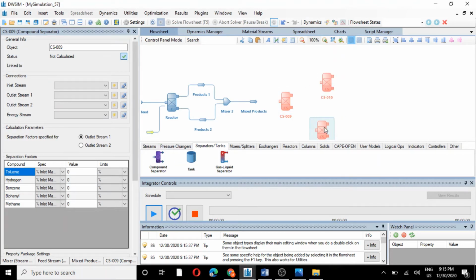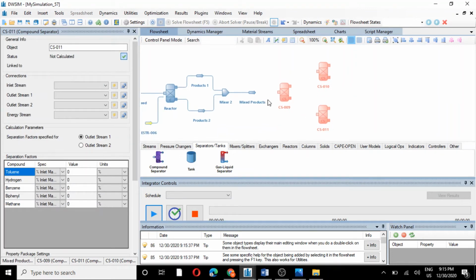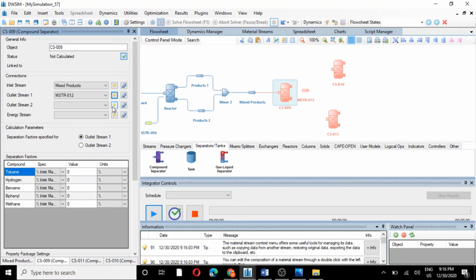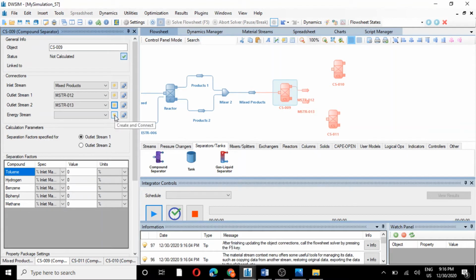So these 3 separators are what the separator in the problem represents. So we're going to connect the mixed products to the inlet stream, then add 2 outlet streams and an energy stream.